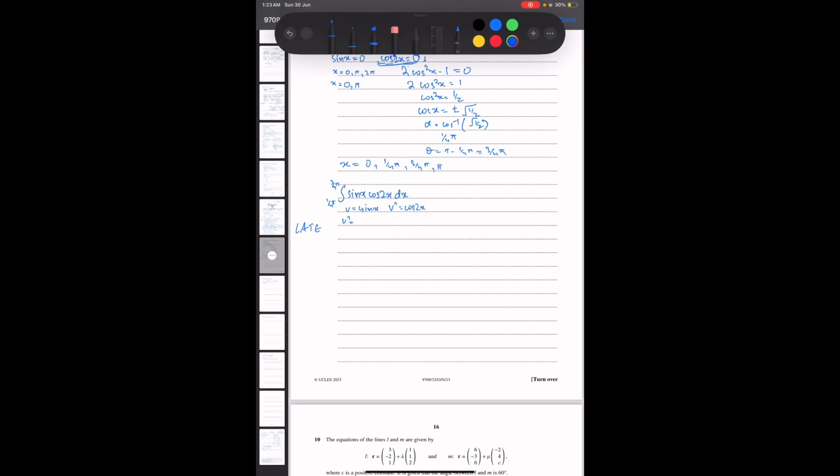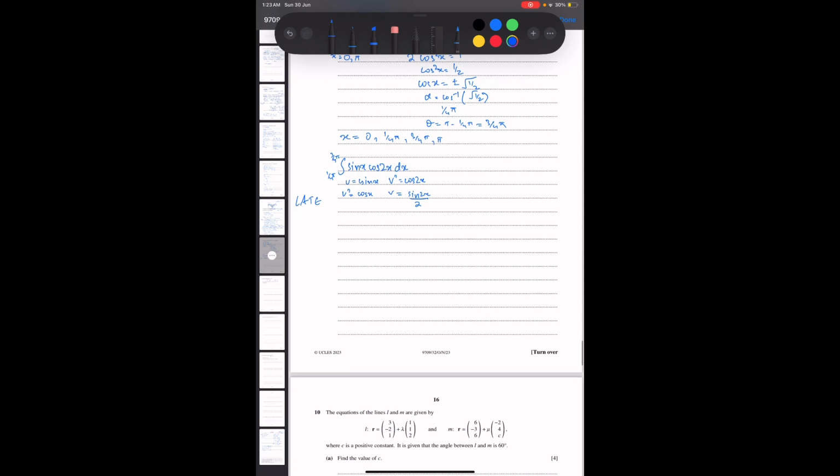So u dash will be cos x, and we are going to integrate this. When you integrate cos 2x, it is sine 2x upon 2. Now the formula is this: when you integrate uv dash with respect to x, it is uv minus integration of vu dash with respect to x.